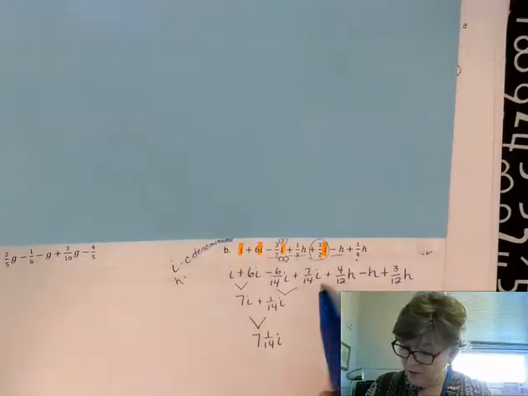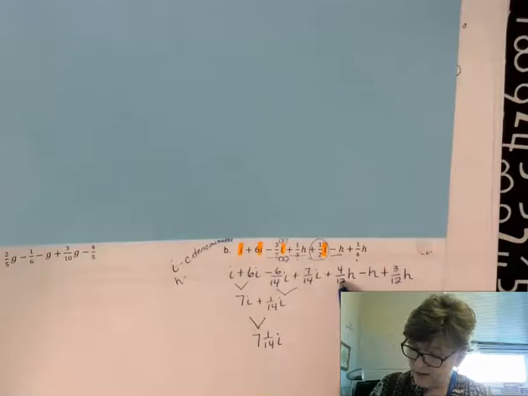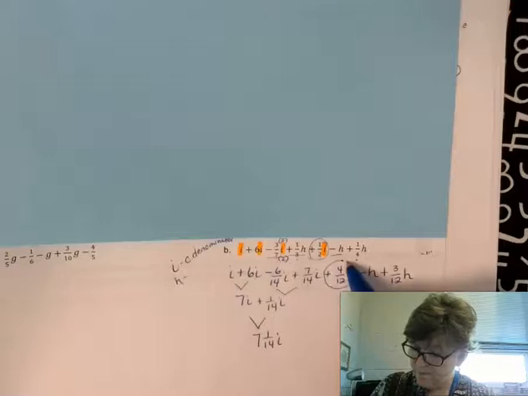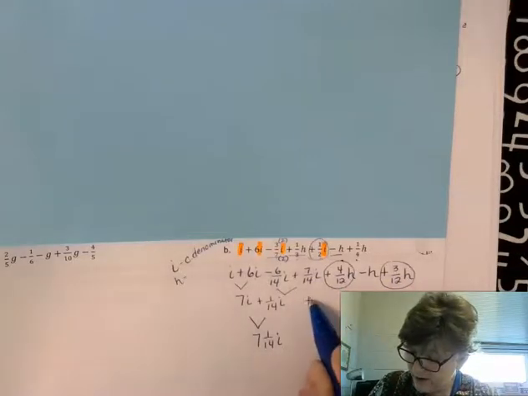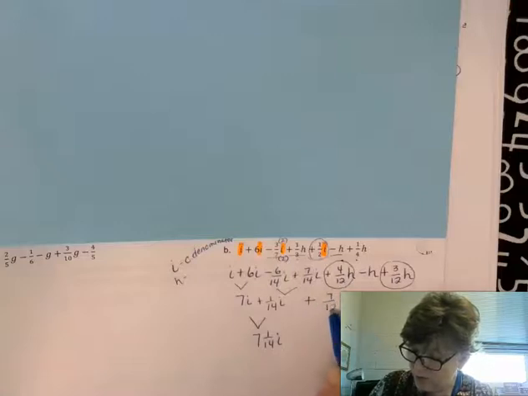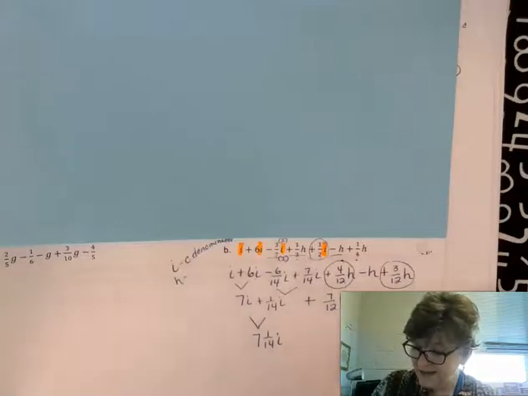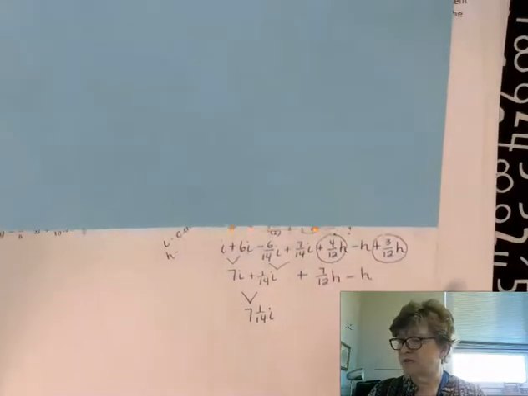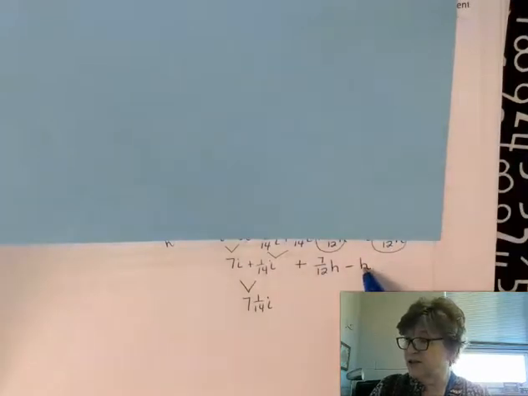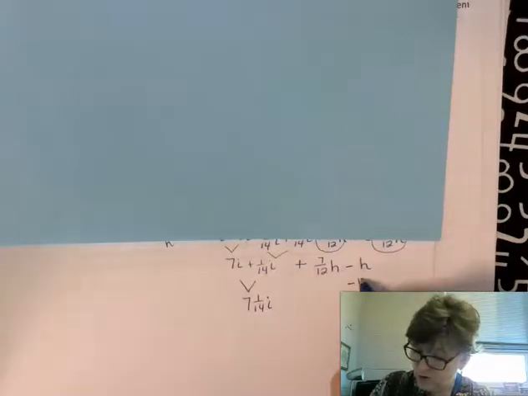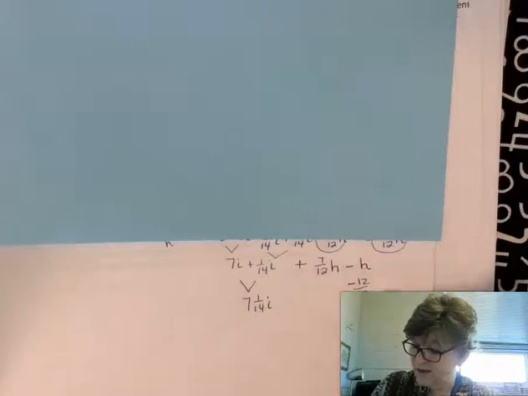Now over here with my H's, I have a positive 4/12 H and a positive 3/12 H. So I have 7/12 H minus H. Now in order for me to do this subtraction, I'm going to have to change this negative whole into a negative 12/12, which is -1.